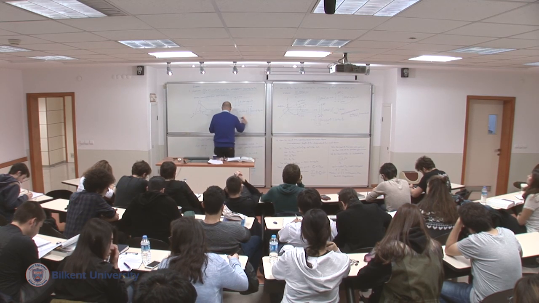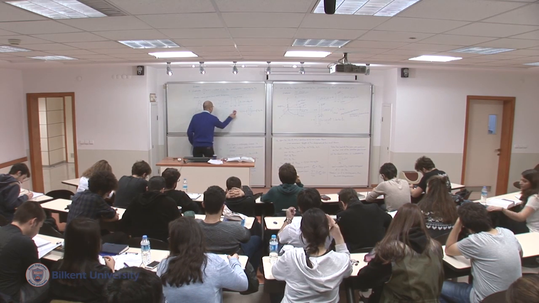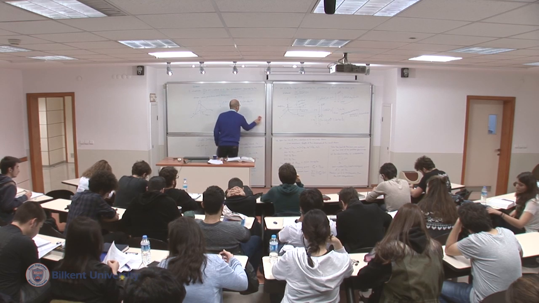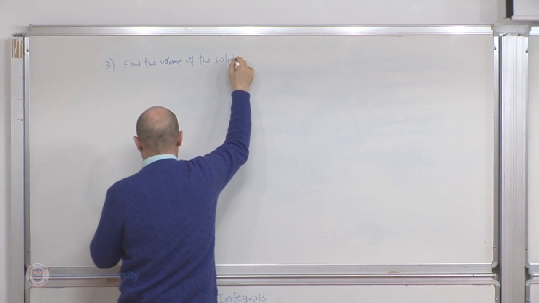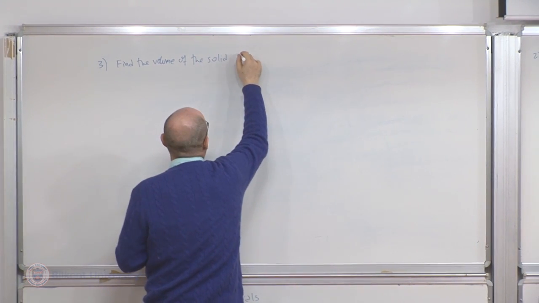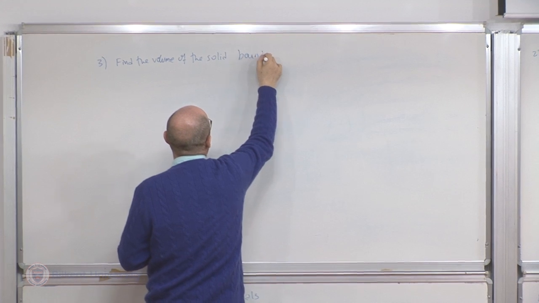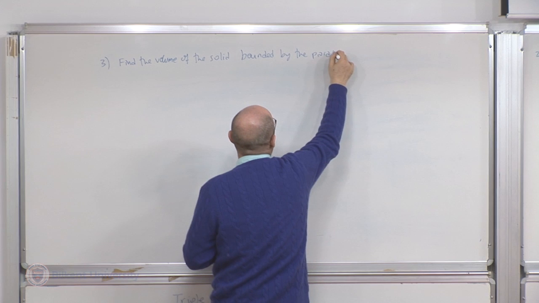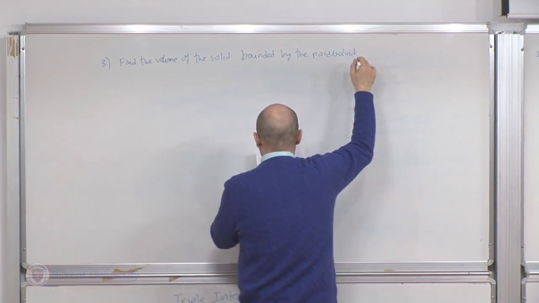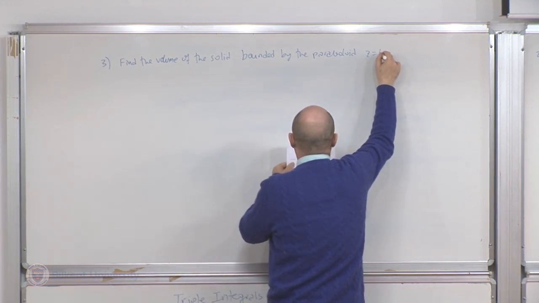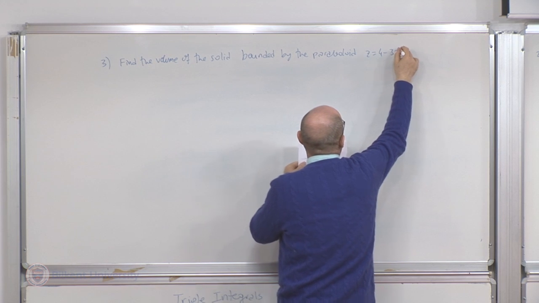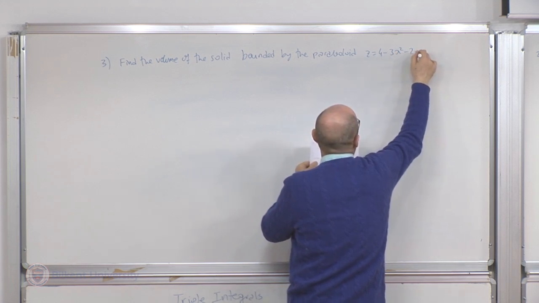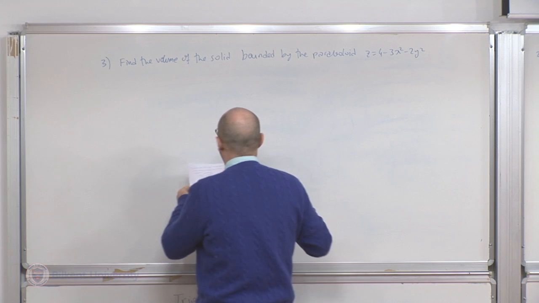Let me do this problem now. Bounded by the paraboloid z equals 4 minus 3x squared minus 2y squared on the top.